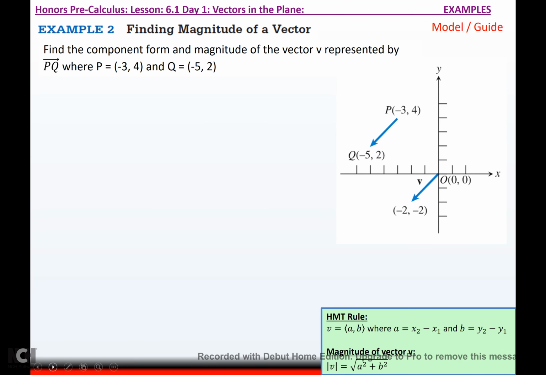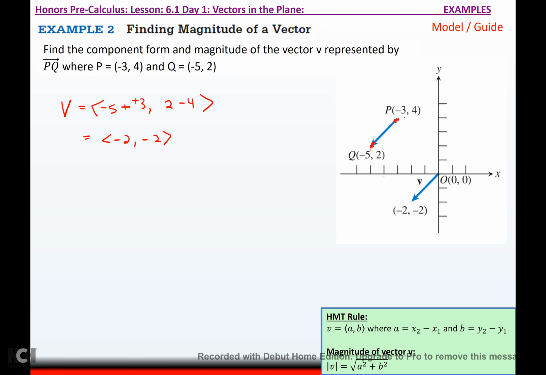Alright, this one says find the component form and magnitude of vector V represented by PQ. P is at negative 3, 4, and Q is at negative 5, 2. To figure out the component form, the vector for PQ would be x2 minus x1, comma, y2 minus y1. That turns positive and gives me the vector ⟨-2, -2⟩.